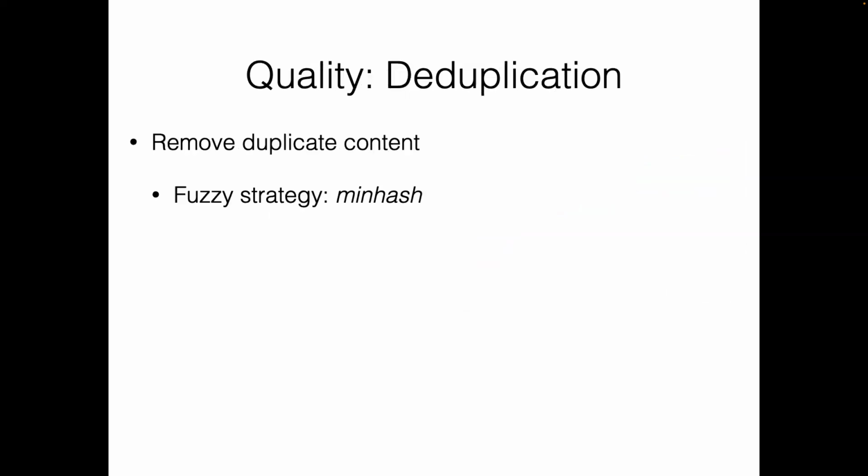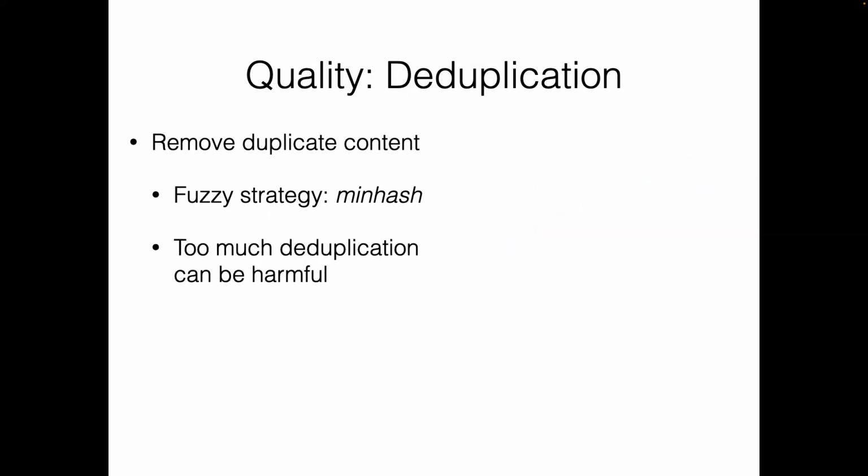And then the last step is deduplication. I won't go into details of the algorithm you would use, but typically you use what's called MinHash. This is a fuzzy strategy, and you can scale it up and run it quickly.